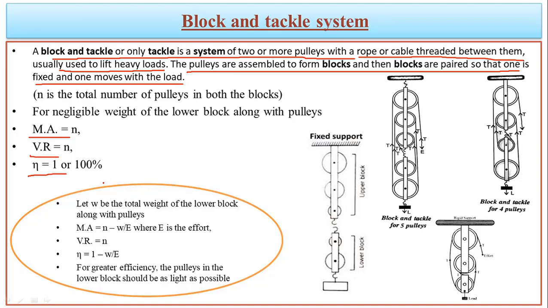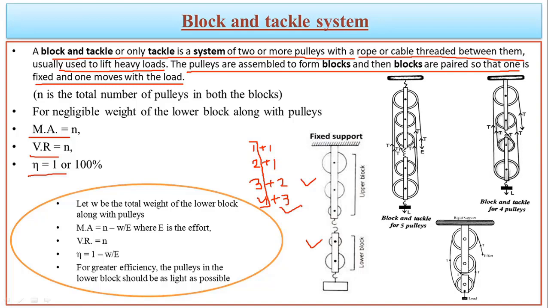A block and tackle system consists of an upper and a lower block. The number of pulleys in these blocks can be different. It can be in a set of 1 plus 1, or 2 plus 1, or 3 plus 2, or 4 plus 3 sets, where the upper block has more pulleys compared to the lower block.